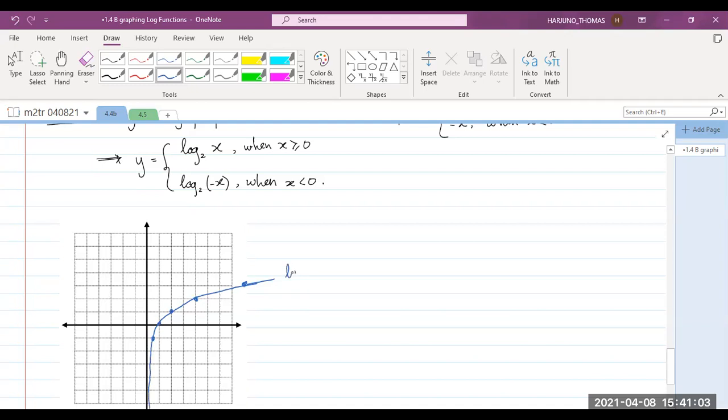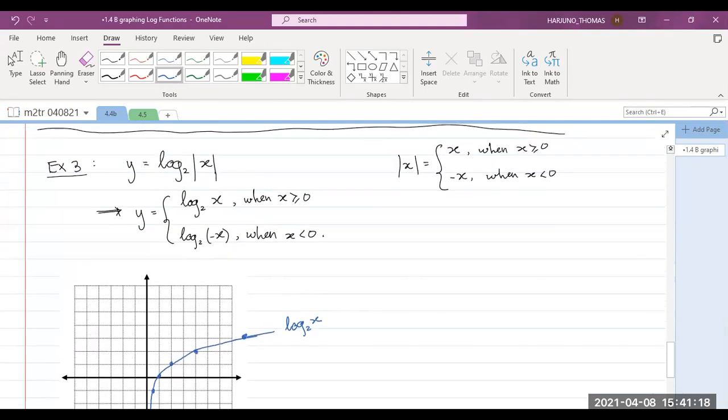That's log base 2 of x. Now then, how about log base 2 of negative x? Okay, now that's for log base 2 of x, this one here.